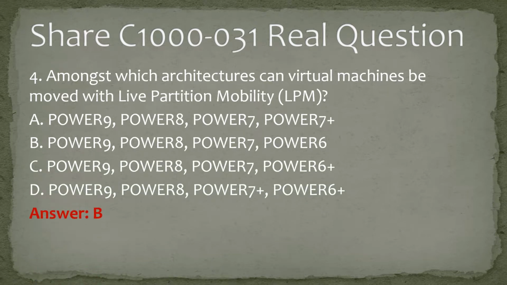4. Amongst which architectures can virtual machines be moved with live partition mobility (LPM)? A. POWER9, POWER8, POWER7, POWER7+. B. POWER9, POWER8, POWER7, POWER6.